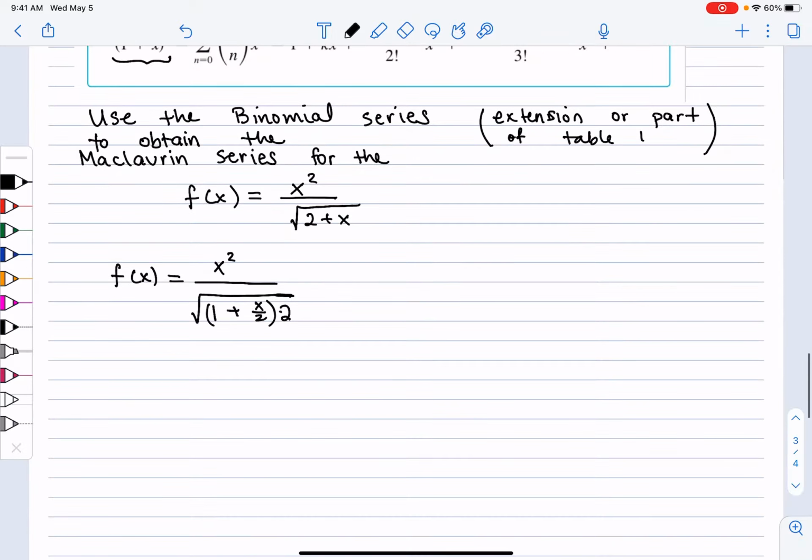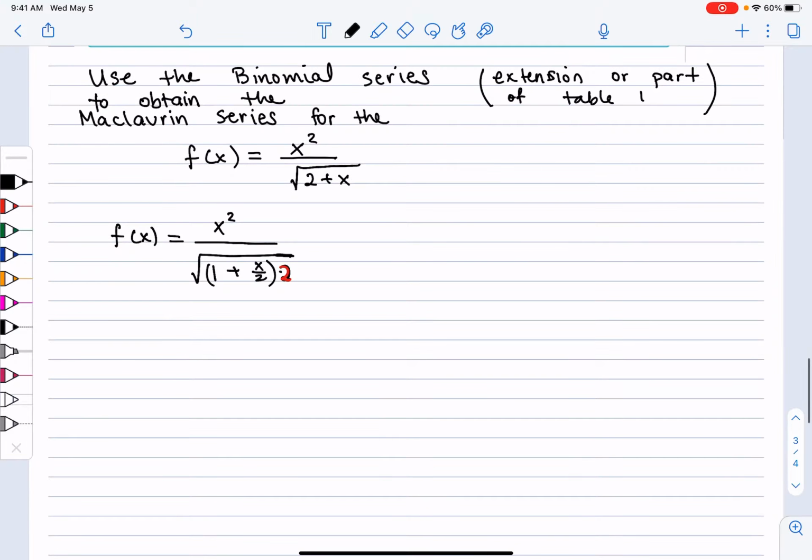So we are going to take this 2 out, and that new function becomes x squared over the square root of 2 times the square root of 1 plus x over 2.